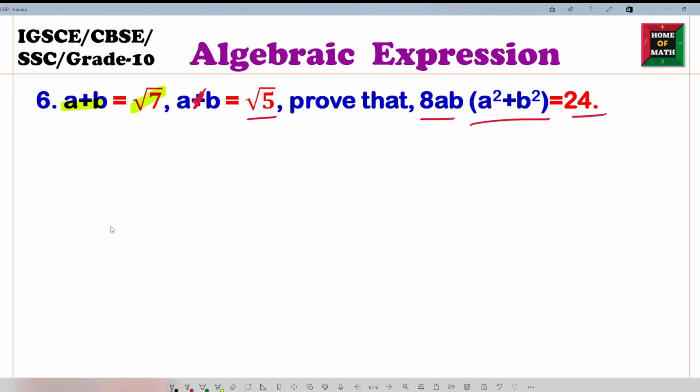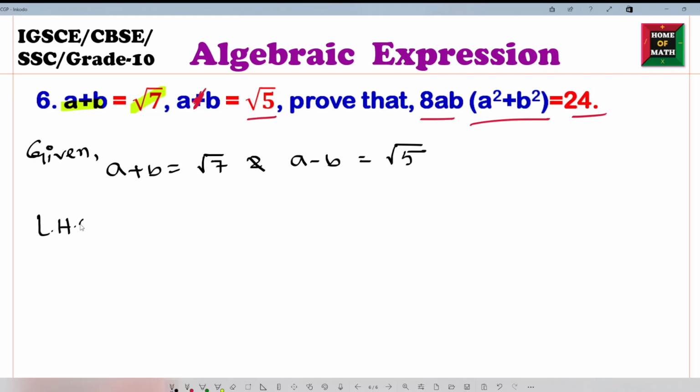So first we can write, given a plus b equals root 7 and a minus b equals root 5. So we have to prove 8ab times a square plus b square equals 24. So first the left hand side, which is 8ab times a square plus b square.